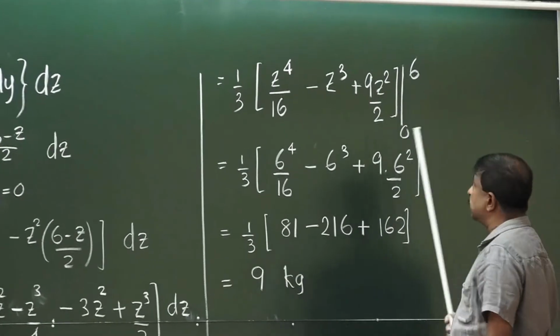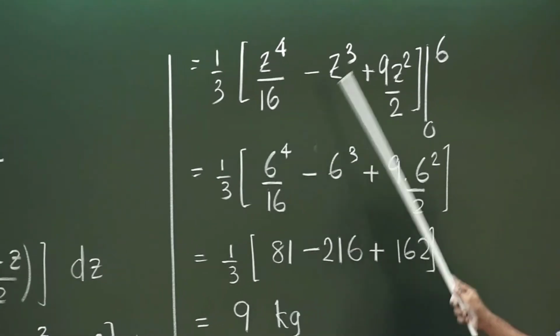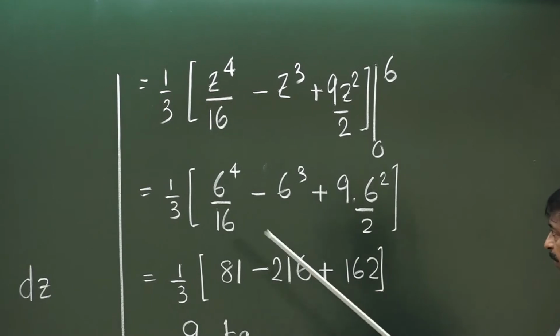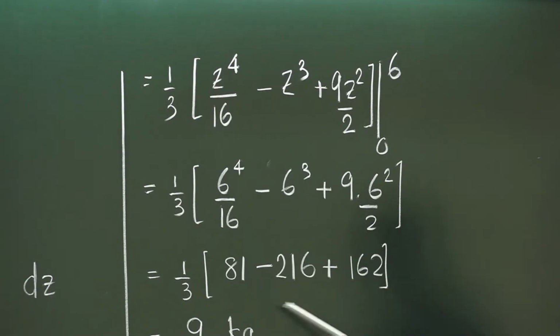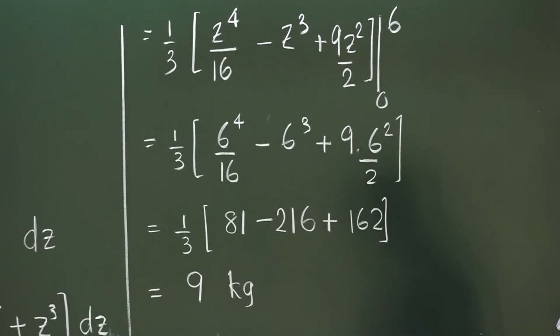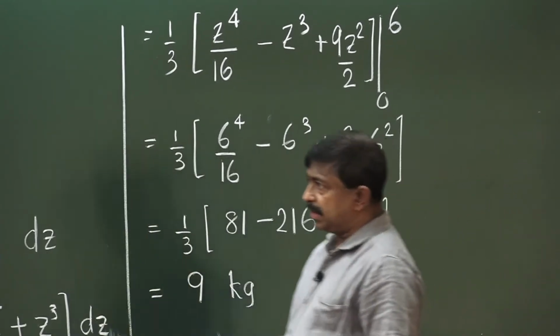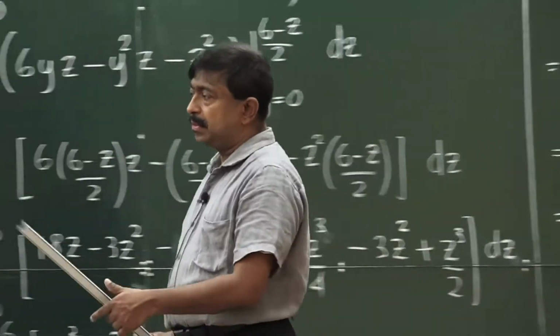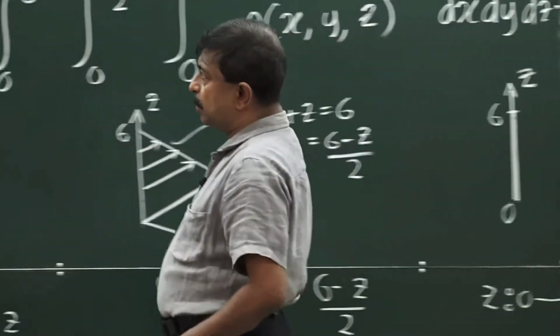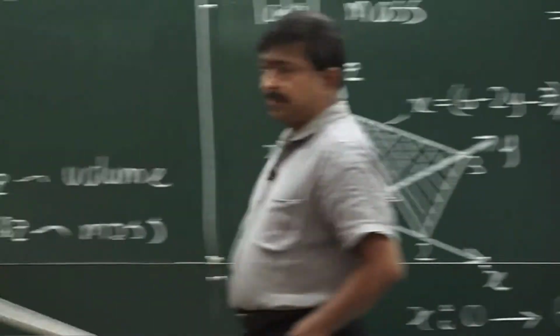The limits are from 0 to 6. Then plug in the limits, replace z by 6, so you will end up with this. Once you simplify this expression, you will get 9. So the mass is 9 kilograms, since the density is given as z kilograms per cubic meter.